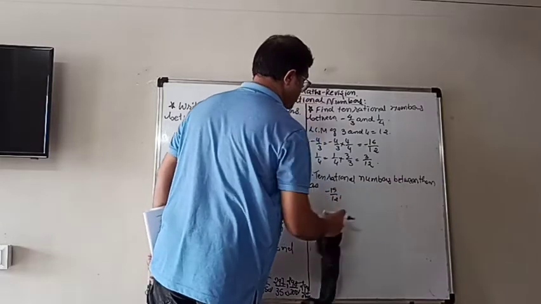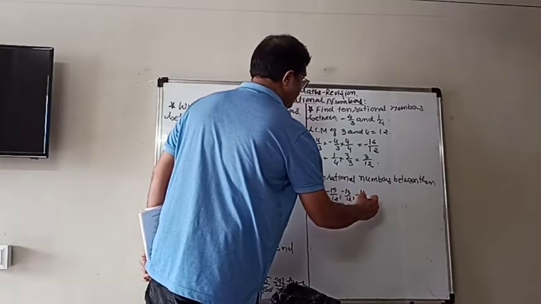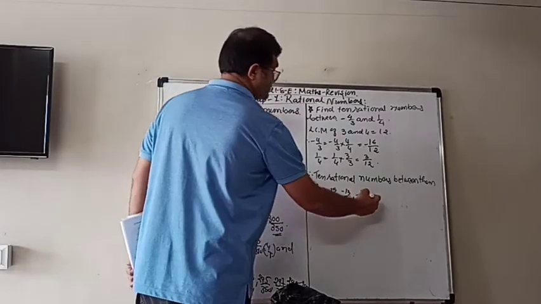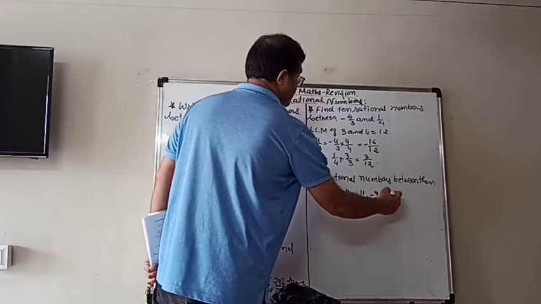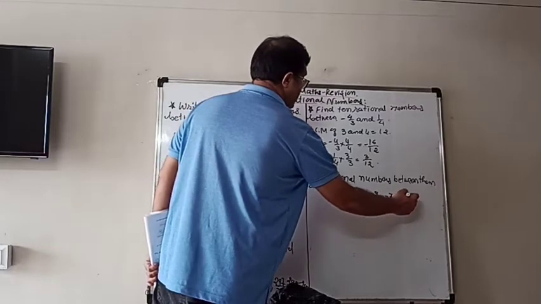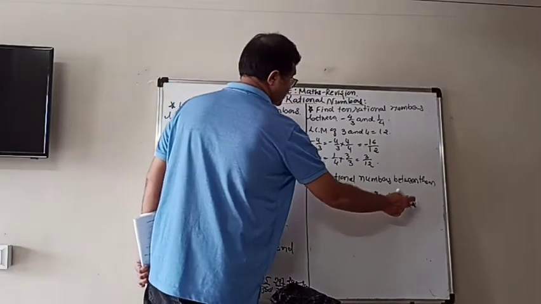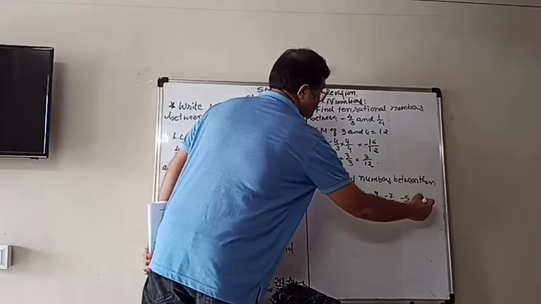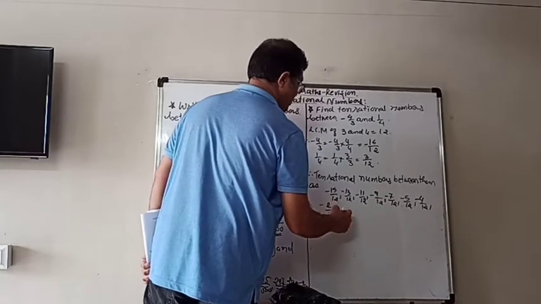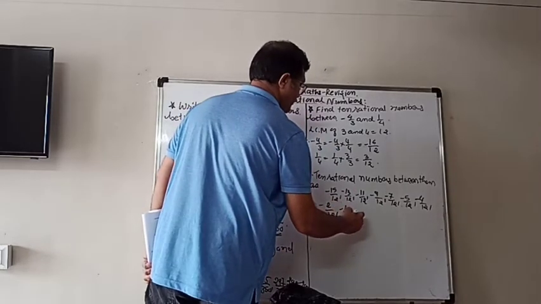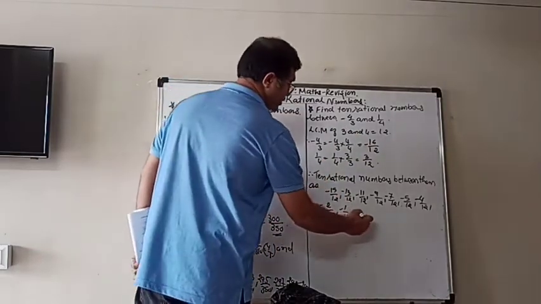So minus 15 upon 12, minus 13 upon 12, minus 11 upon 12, minus 9 upon 12, minus 7 upon 12, minus 5 upon 12, minus 4 upon 12, minus 2 upon 12, minus 1 upon 12, and 0 also you can take, because it is also between them, 0 upon 12.